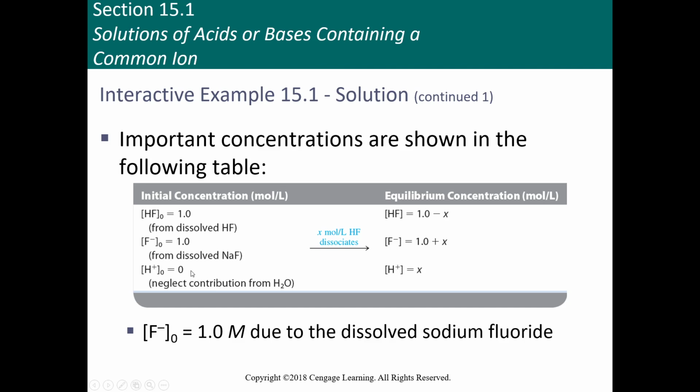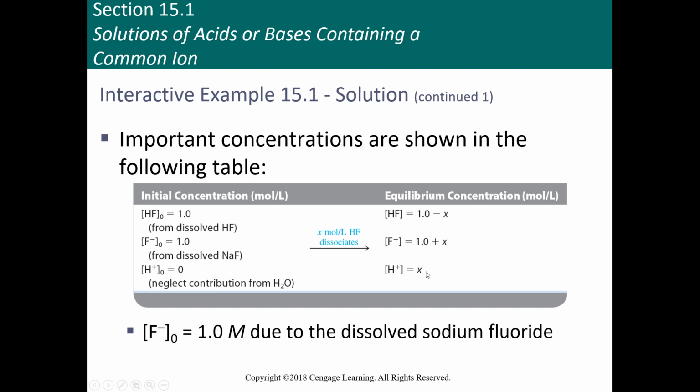Now, the H plus, we're going to go ahead and neglect the contribution from H2O because, frankly, 10 to the negative 7 is just such a small number compared to these numbers we're seeing here that it just doesn't matter. So whatever H plus we make here, that's going to be so large that any contribution from water won't matter.